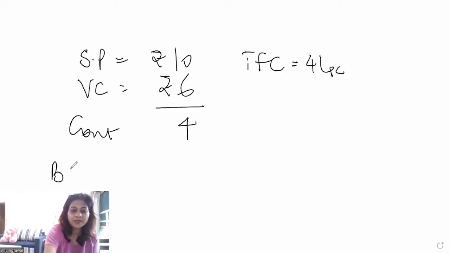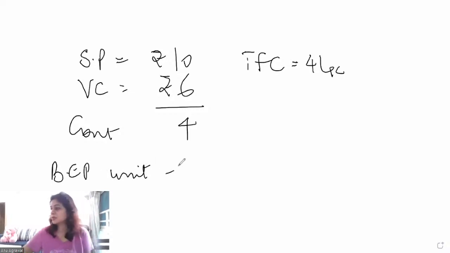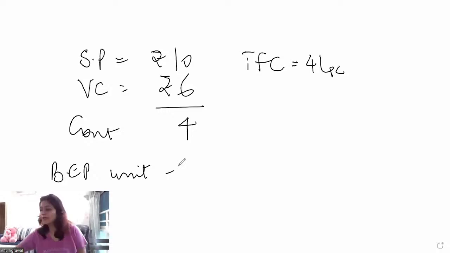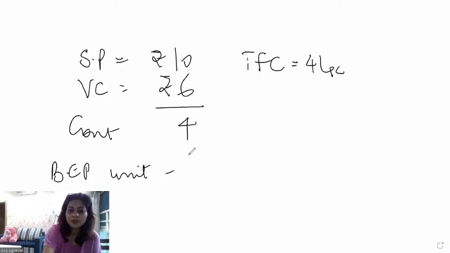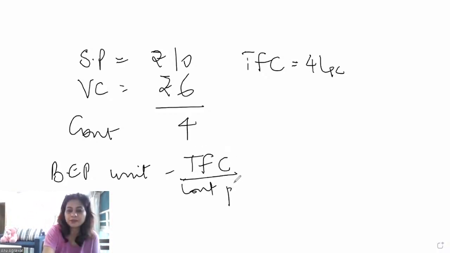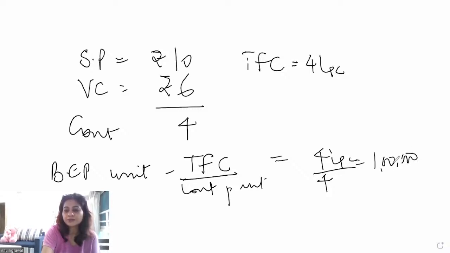Now, if you want to find out break even in unit terms, what will you do? Who asked me this question? Ria. What will you do? Total fixed cost divided by contribution per unit, which is 4 lakhs divided by 4. 1 lakh units.